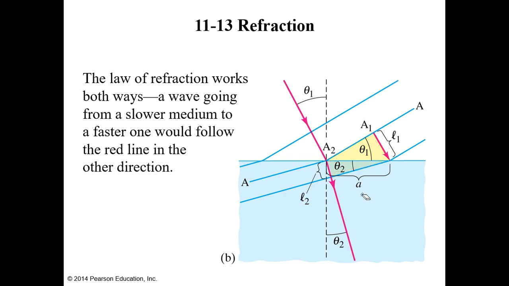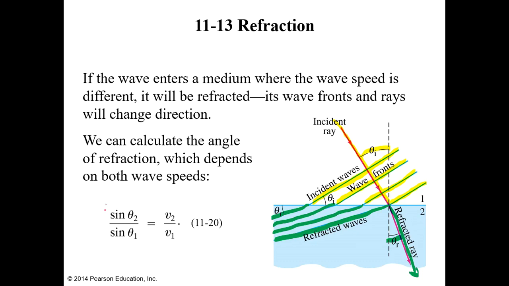Using a little bit of trigonometry, you can come out to this equation, which is that the sine of the refracted ray divided by the sine of the incident ray has to equal the refracted wave velocity divided by the incident wave velocity.